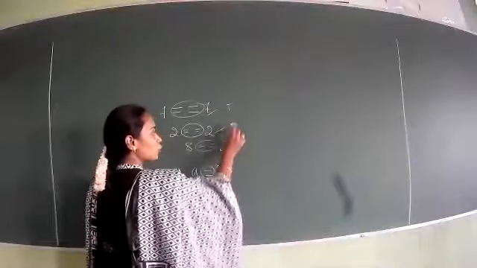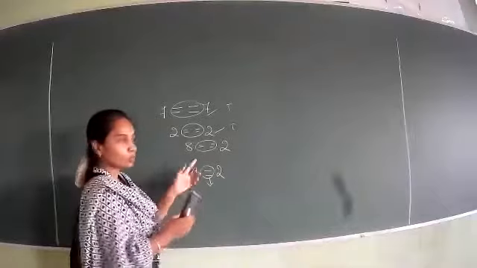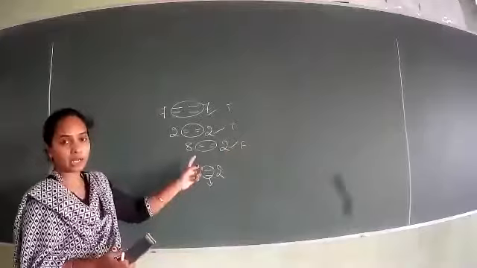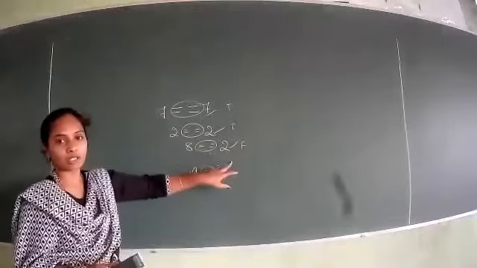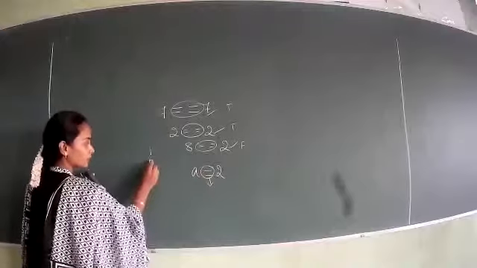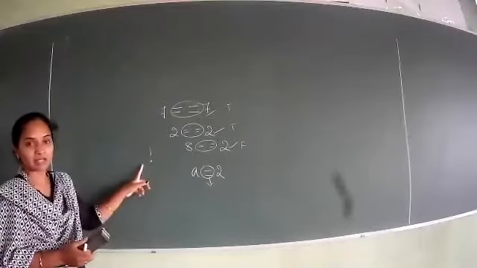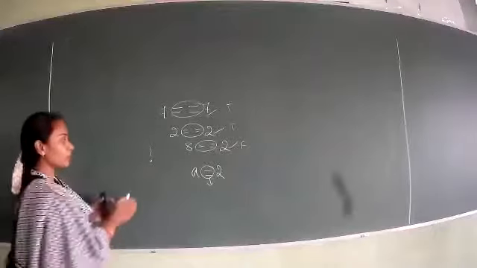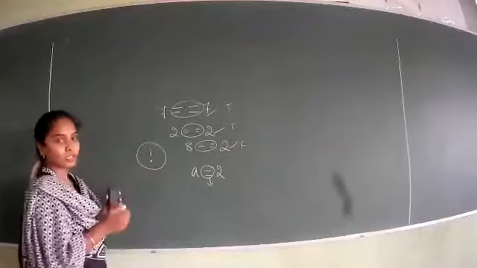In this condition it is true. This condition it is true. Whereas 8 is equal to 2, in this condition the answer is false. Comparing the two values, it is not equal to, so the answer is false. Another operator we have is the exclamation mark, that is not equal to.